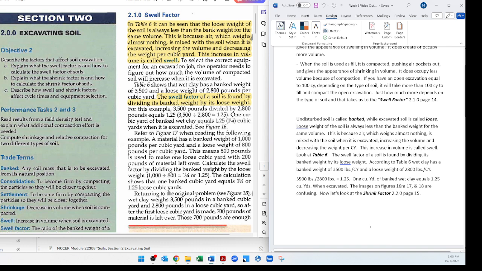This is because air, which weighs almost nothing, is mixed with the soil when it's excavated, increasing the volume and decreasing the weight per cubic yard. This increase in volume is called swell.